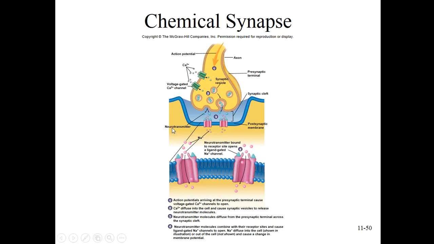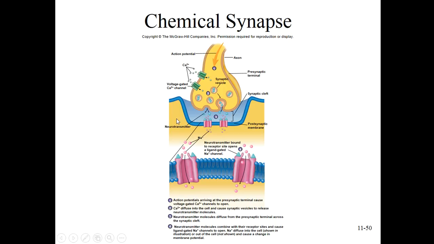Dopamine is a neurotransmitter, and so is GABA and serotonin and acetylcholine and epinephrine. Many different types of neurons, and each releases its own sort of flavor, its own odor of neurotransmitter.